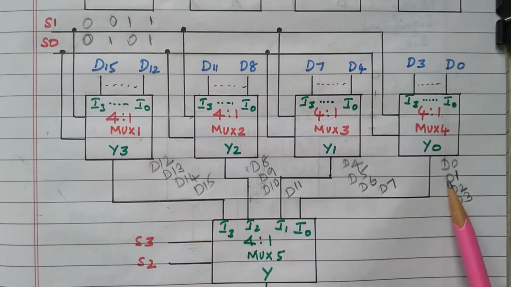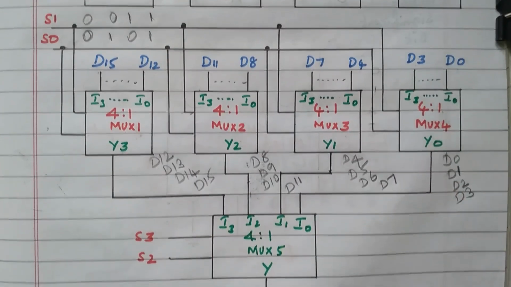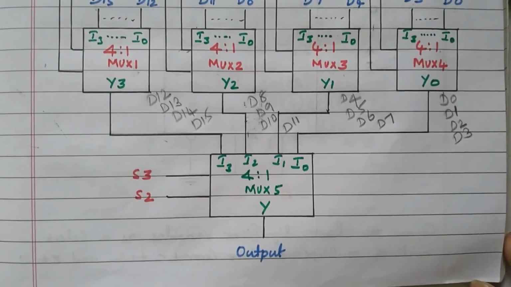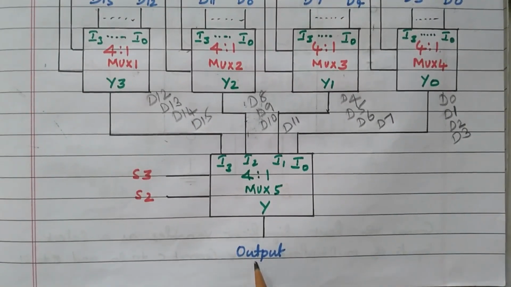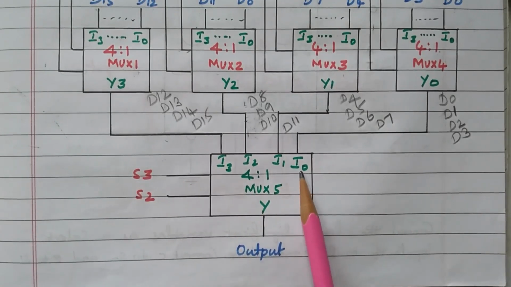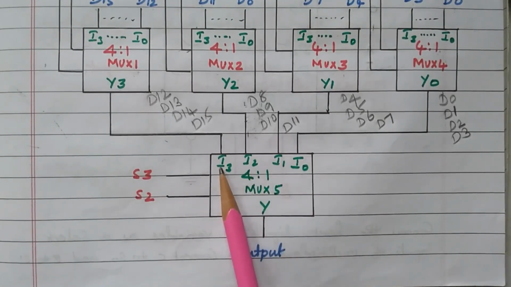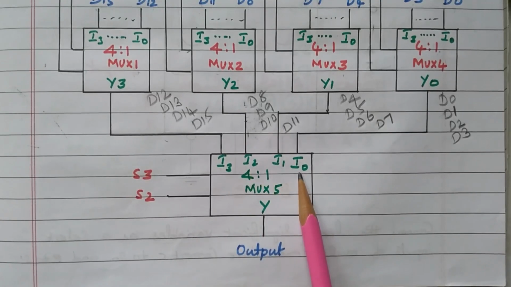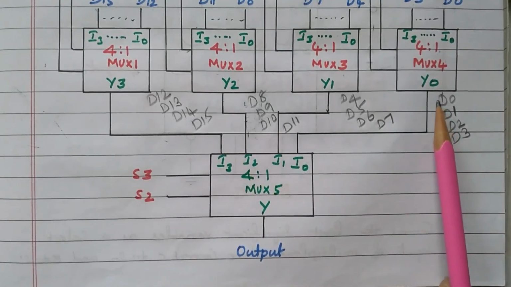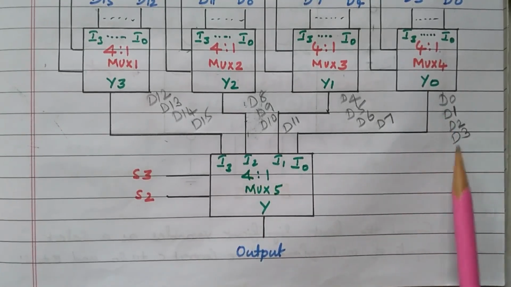Now these 4 outputs are connected to one more multiplexer, right? So that what we need is only one output, right? So now that is connected with another two selection lines S2 and S3. So it is connected with I0, I1, I2, I3. So I0 may be this output, either D0, D1, D2 or D3.